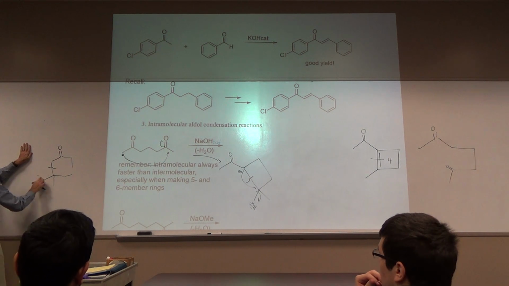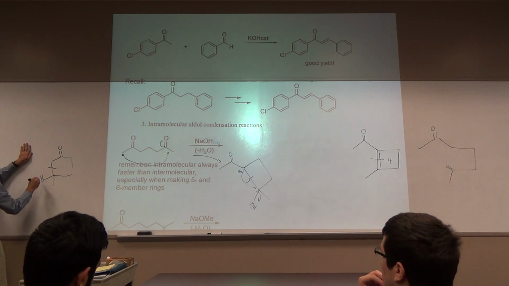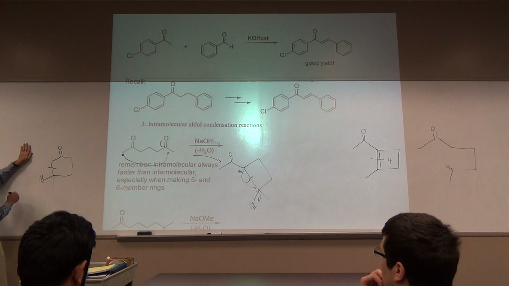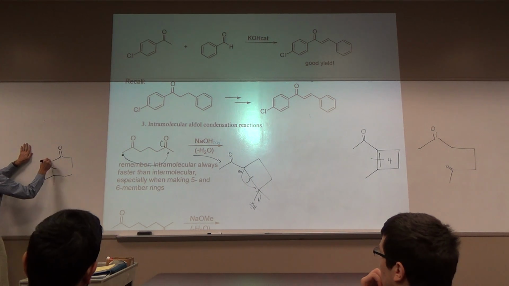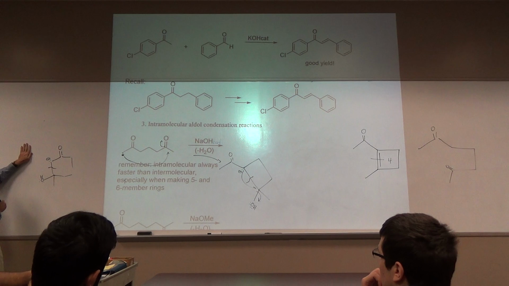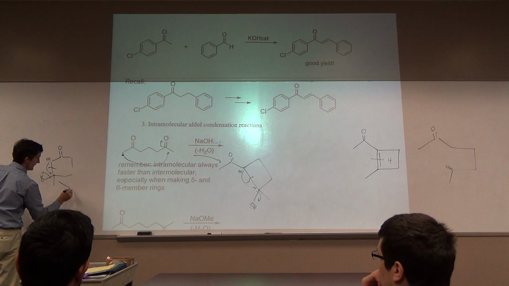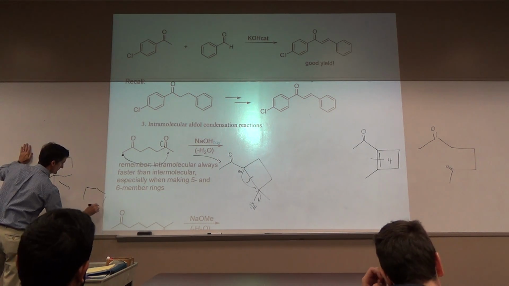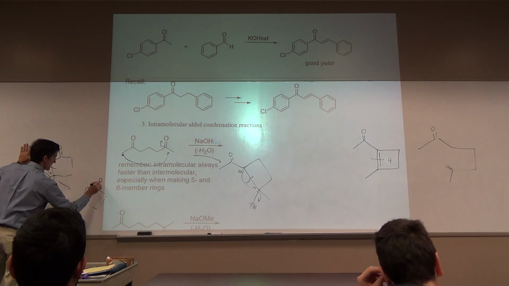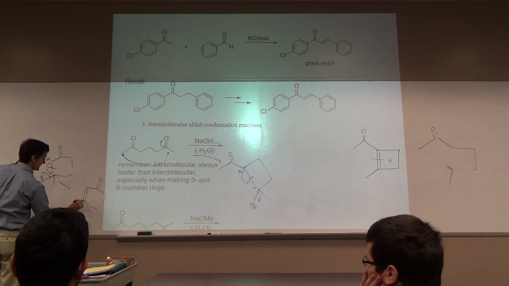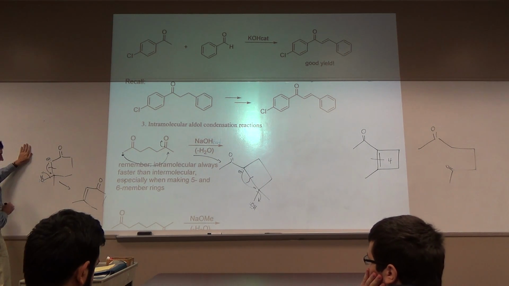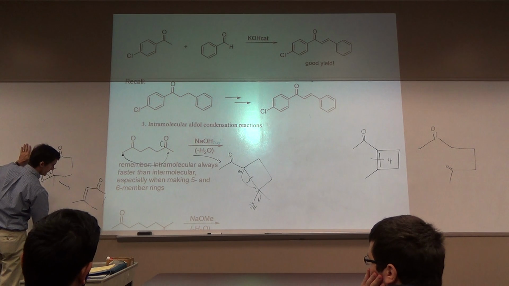This picks up H from water to reform hydroxide. Hydroxide then takes this H to make the anion. This anion then comes in here and expels hydroxide to give the product, plus hydroxide reformed.